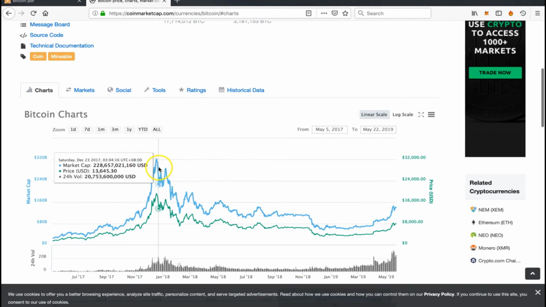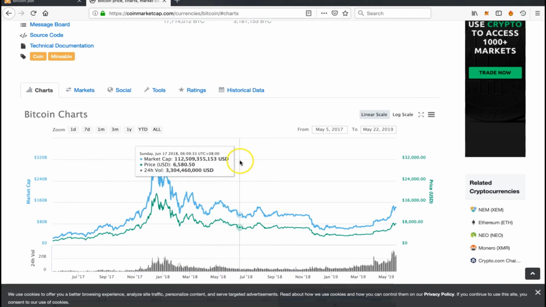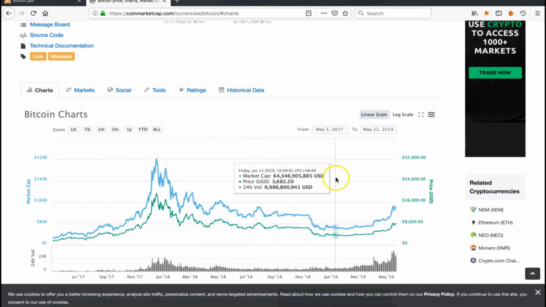As you can see, the price was almost $19,000 on 18th December 2017, and in 2018 it was still around 15, but then dropped very badly to $6,000, went up to $10,000 and went on going down. Now there's a slight increase.